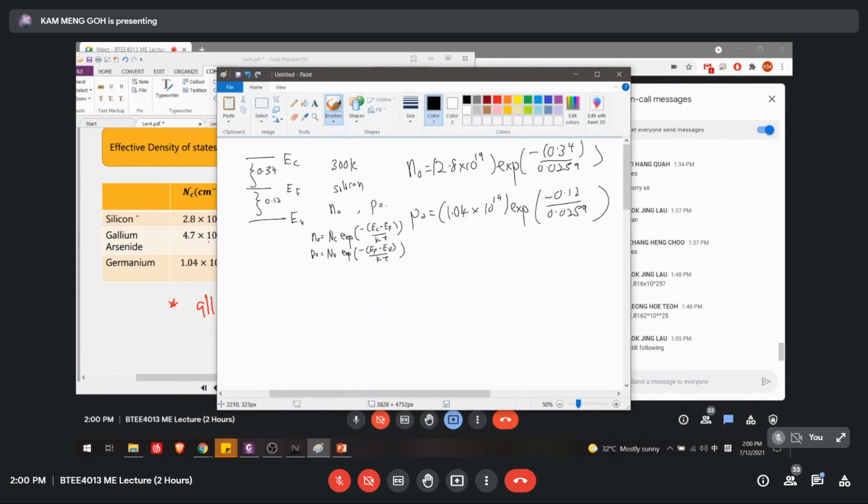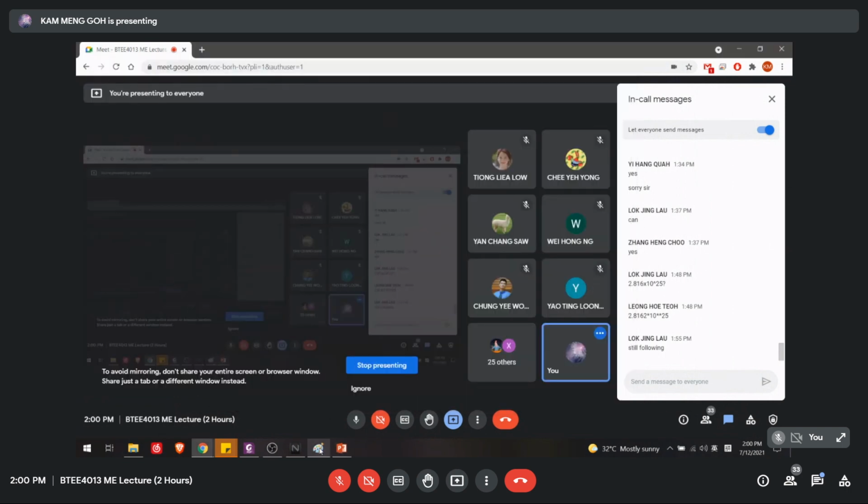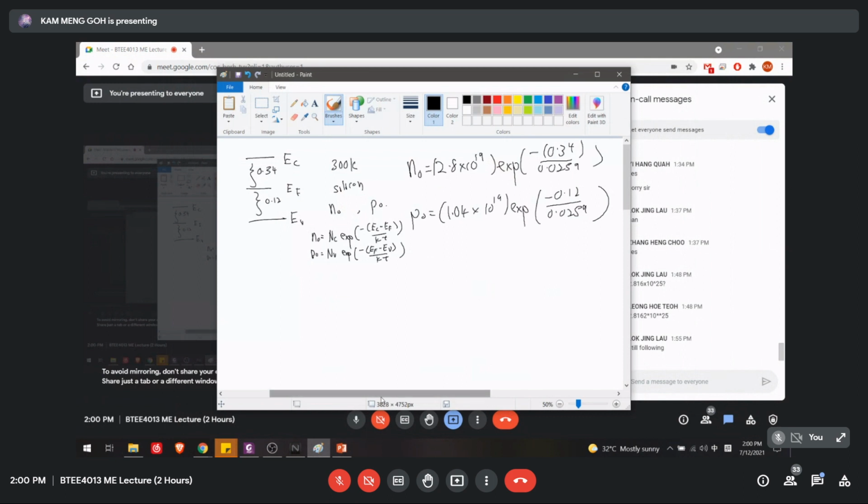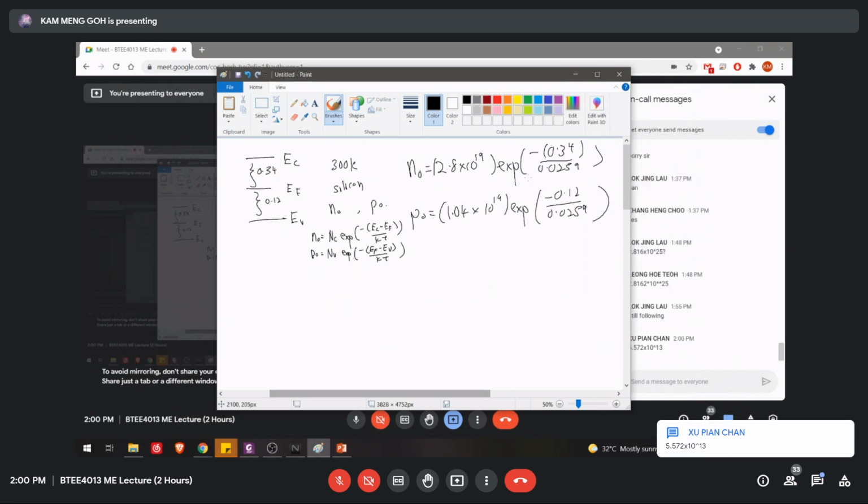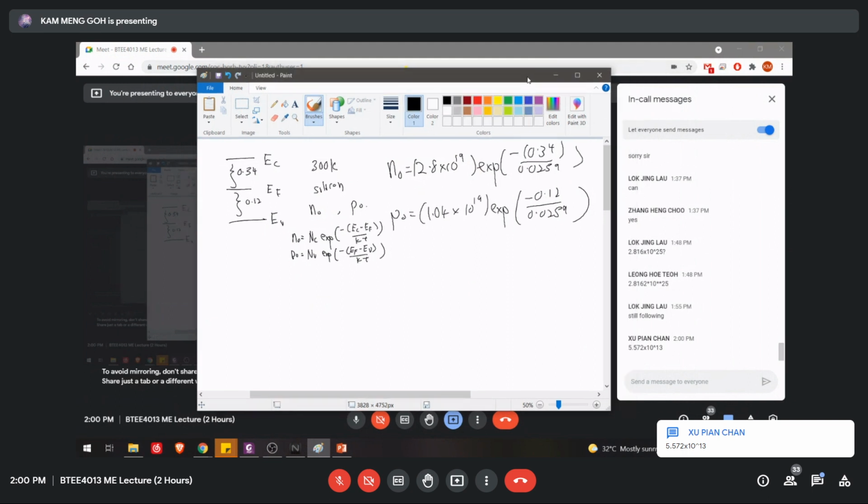So basically, you just need to insert the values inside there, then you can straight away calculate the answer. Okay, we get the answer.